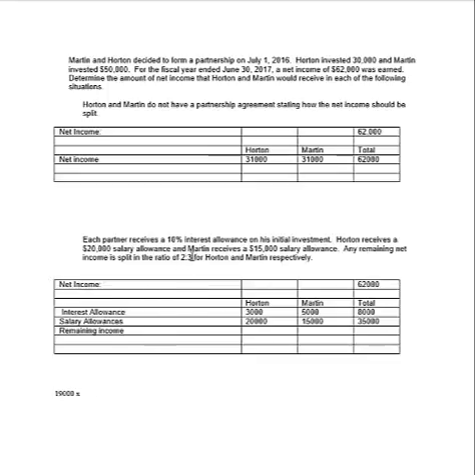Altogether, there are 5 parts to be given away, and Horton receives 2 of those. So 19,000 times 2 divided by 5 equals 7,600.